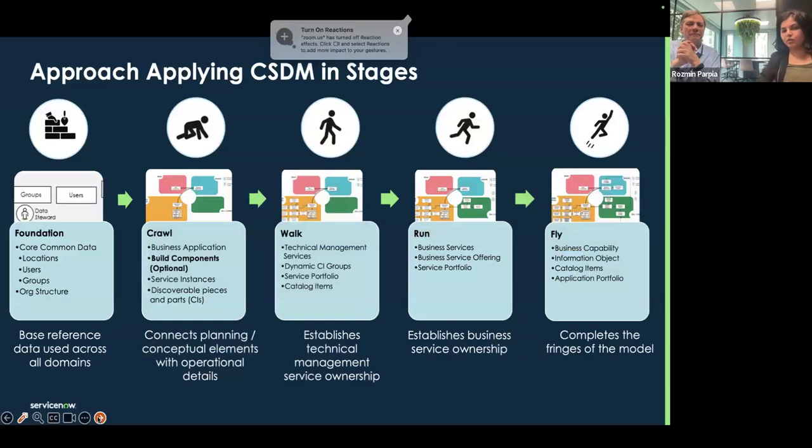You mentioned crawl, walk, run. So if I were a newbie and I just kind of stumbled upon CSDM, your best practice is to do it in this fashion, right? Yeah. And we find that, for example, you may already have a corporate source for location hierarchies. But if you don't, you have to put locations together and govern the locations so that you have a nice hierarchy.